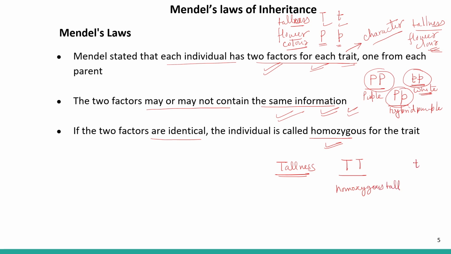And if it is having small t, small t, then it will be called homozygous dwarf. Right? So like this, we can have the example of flower color also. So capital P, capital P or small p, small p. This is also the homozygous condition.